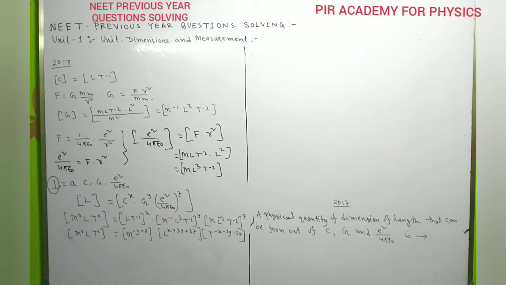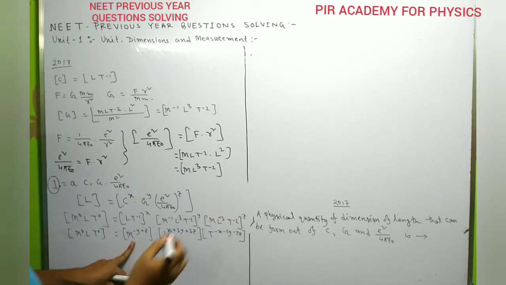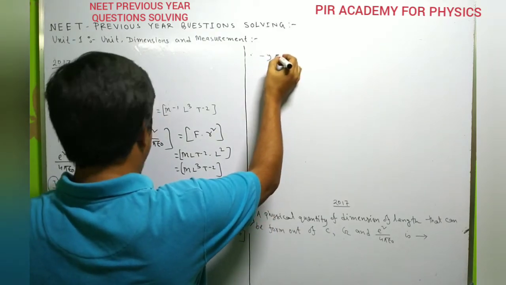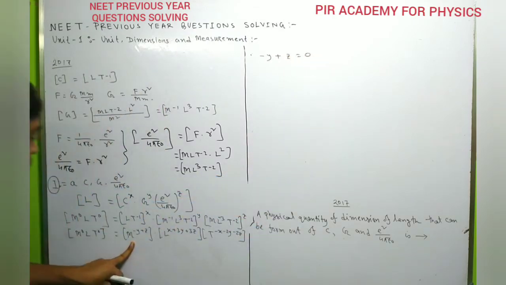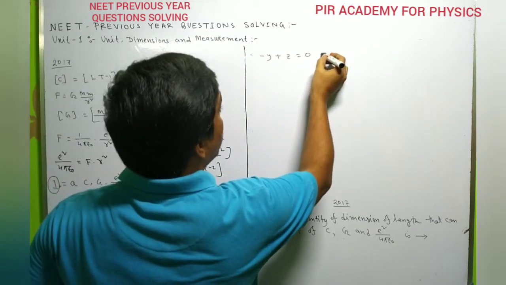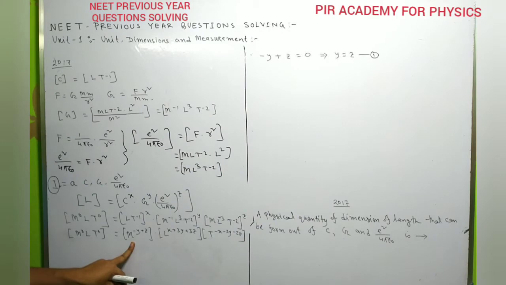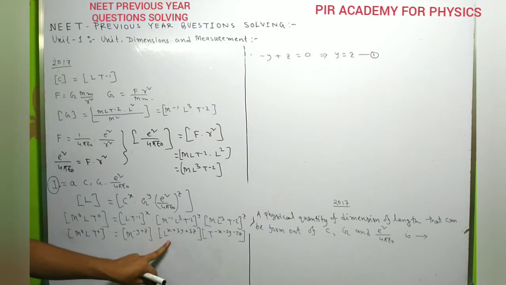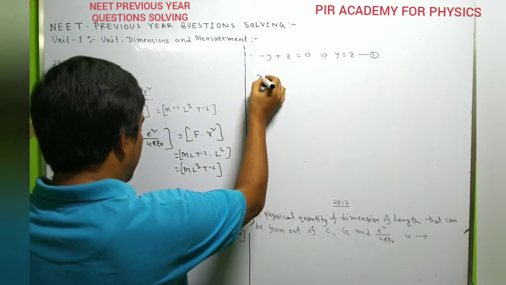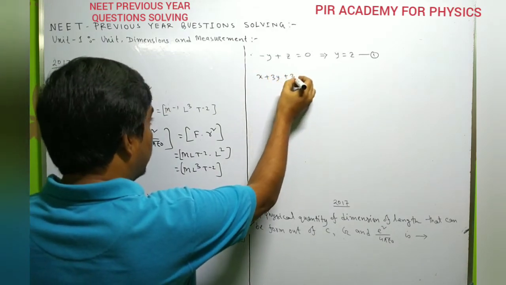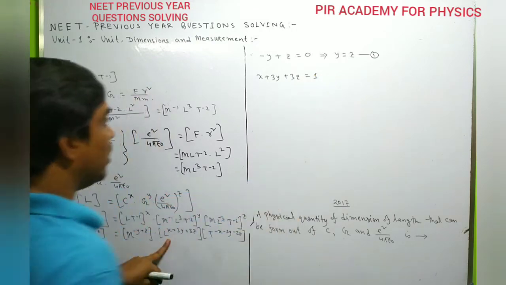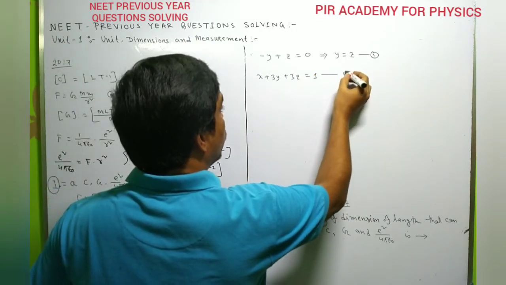Now we can equate both sides, the power of mass, power of length and power of time. If I equate the power of mass, then minus y plus z equals 0. So from this equation we can write that y equals z, equation number 1. If I equate the power of length, then x plus 3y plus 3z equals 1, equation number 2.